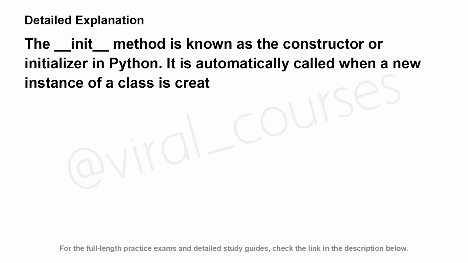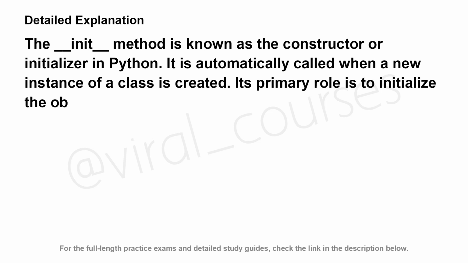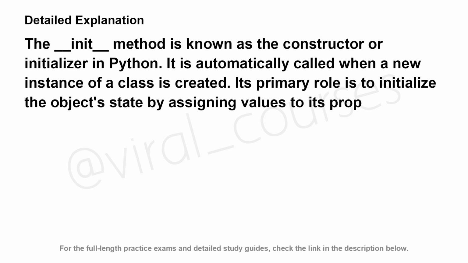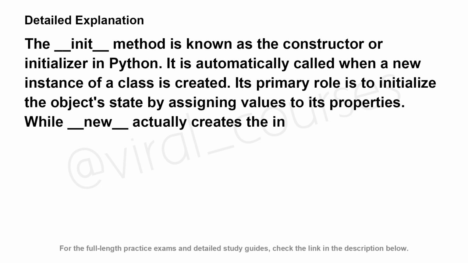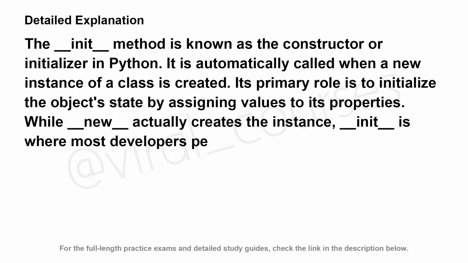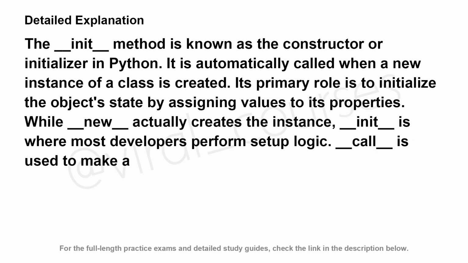Its primary role is to initialize the object's state by assigning values to its properties, while __new__ actually creates the instance. __init__ is where most developers perform setup logic. __call__ is used to make an object callable like a function.